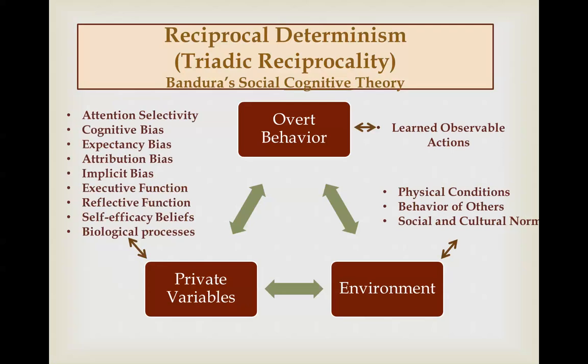But attention selectivity means simply that individuals, out of all the stimuli in the environment, are drawn to attend to some things more than others, and what tends to drive what we choose to attend to versus what we choose not to attend to. Given all the environmental stimuli in front of us, we have to make those choices. Working memory can only engage so many things at a time, 5, 6, or 7, I believe, if I remember, so we make decisions about what to attend to and what not to.